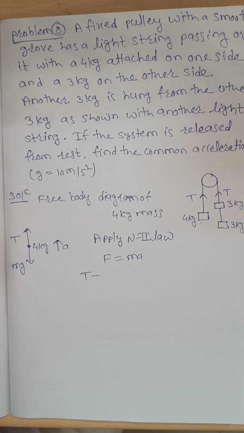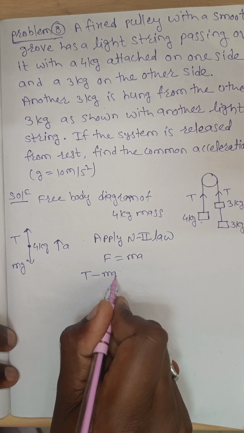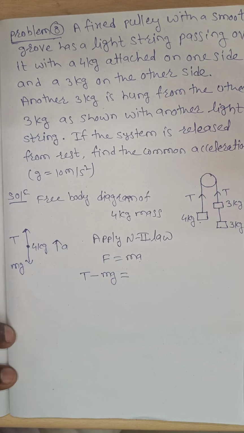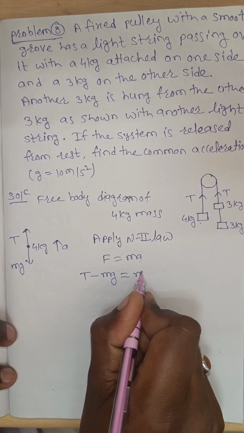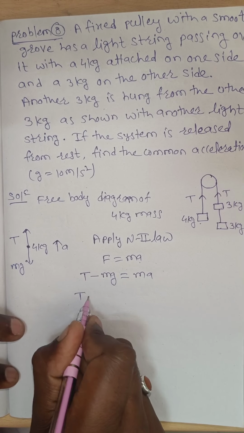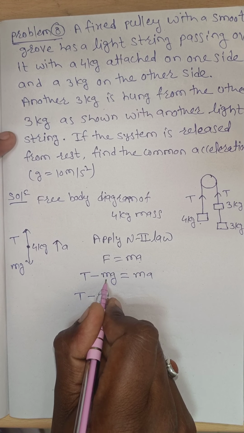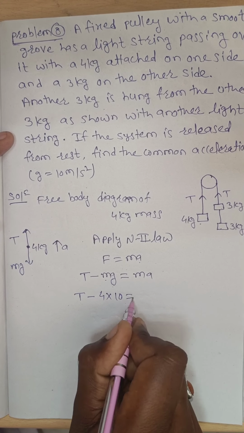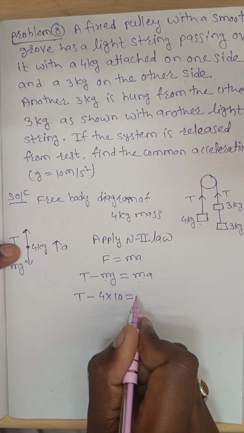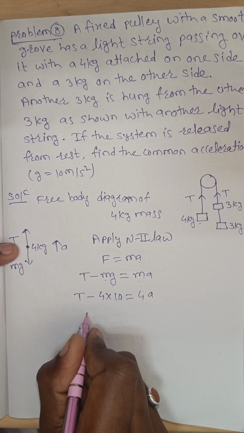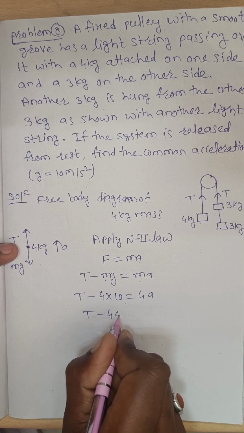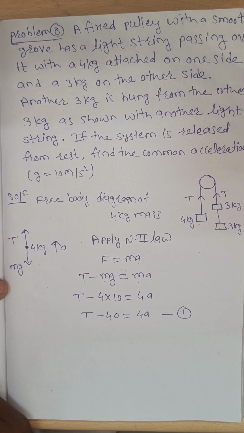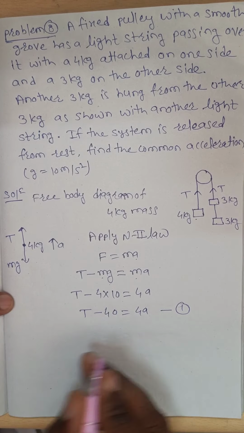Therefore T minus mg is equal to m into a, with acceleration positive because it is upward. The mass here is 4 kg, and taking g as 10, T minus 4g, which is T minus 40, is equal to 4a. This is equation number 1.